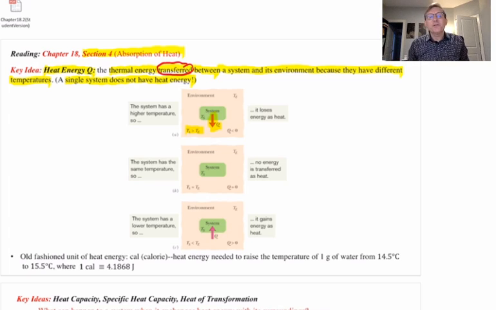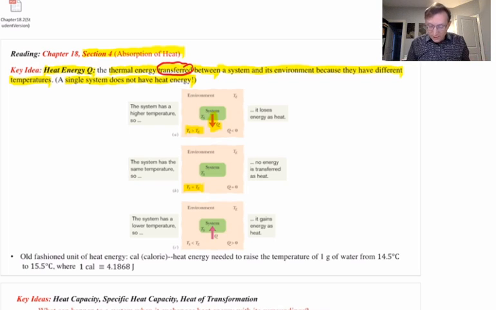The middle picture shows another possibility. In the middle picture, the temperature of the system exactly matches the temperature of the environment, T sub S equals T sub E. In that case, experiment shows that there's no energy transferred as heat between system and environment, either way.